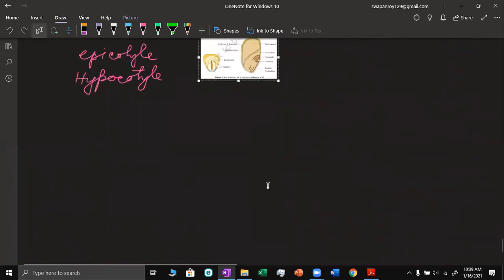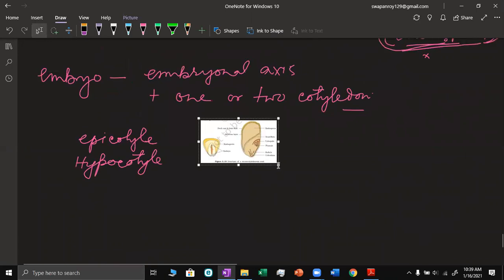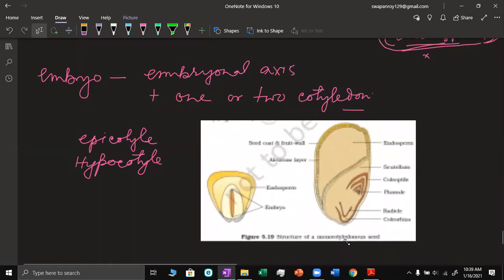Okay, see here, this is maize grain, an example of a monocotyledon seed, and we will see what it is like. Monocotyledon means there is only one cotyledon.